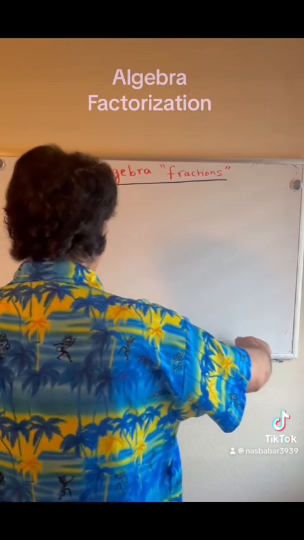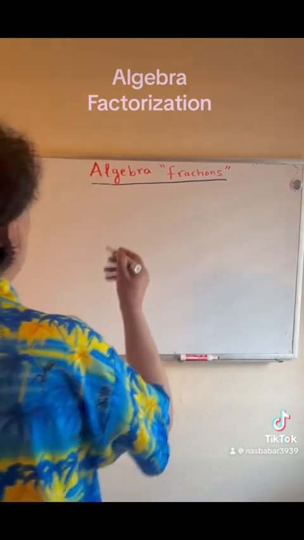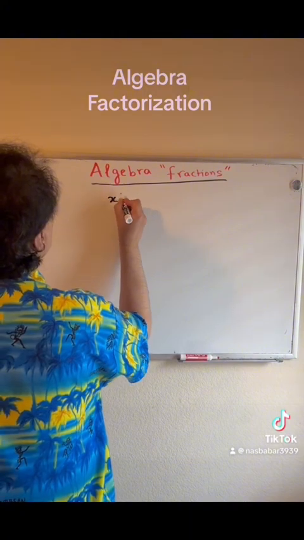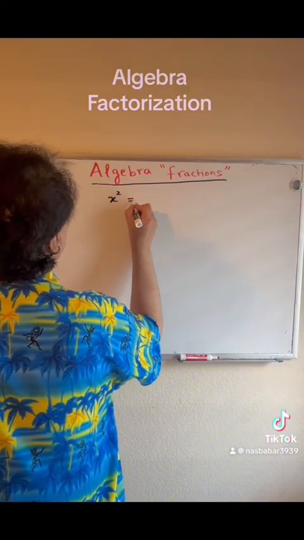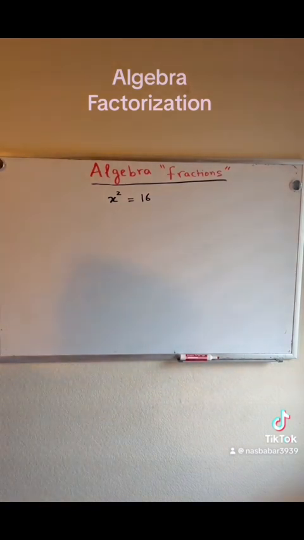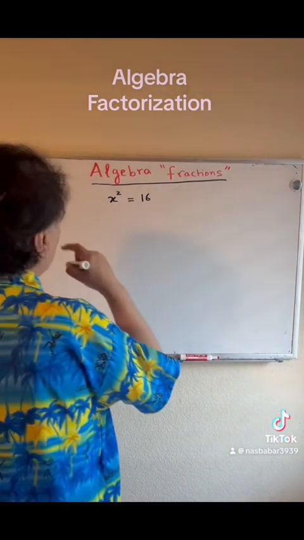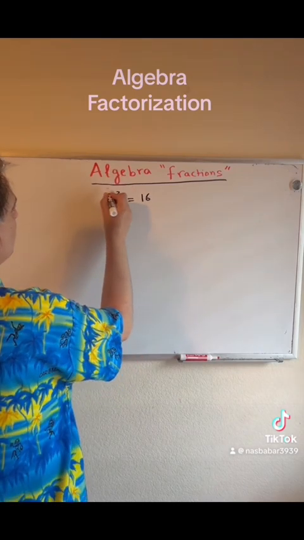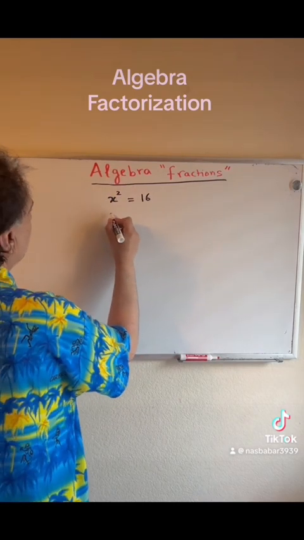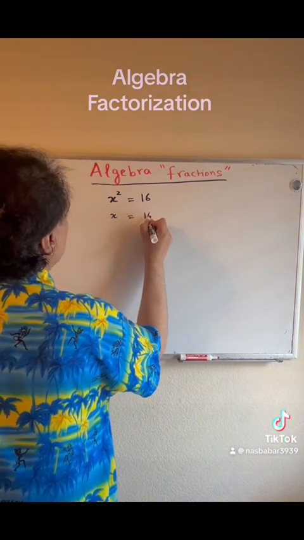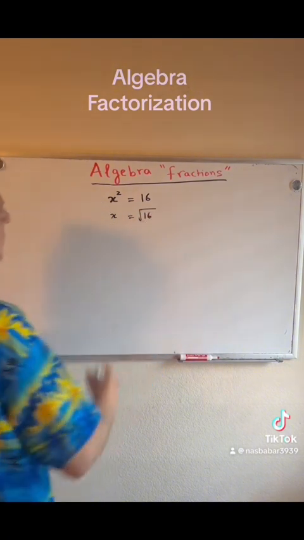Let's say we have something like this. I'm going to start real easy, okay? So let's say we have x squared is equal to 16. How would you solve that? Easy peasy. What you have to do is take the square root of both sides. When I take the square root, the square disappears and I get the square root of 16, right?